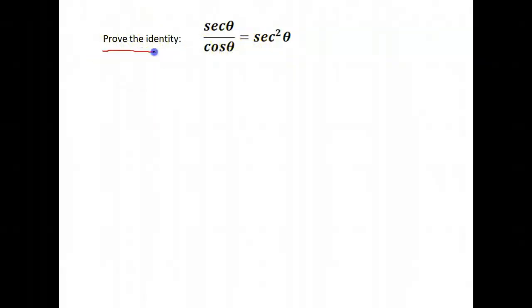When they say to prove an identity, there's more than one way to do it. It just depends on which road you take. Some are longer, some are shorter, but as long as you use concrete algebra, algebra that's valid, and you use identities that are true, your answer will be correct.